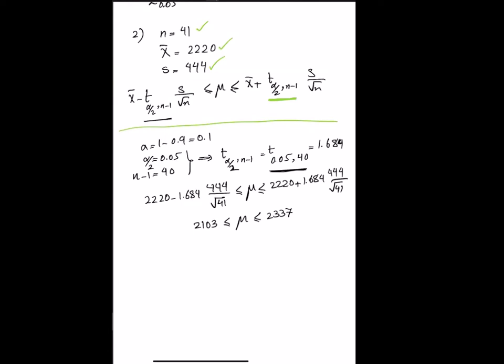So with 90% confidence, this interval will contain the unknown average of this random variable. So that's part A.